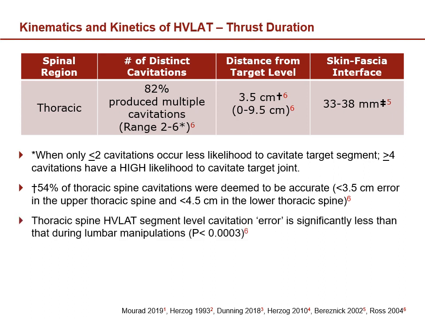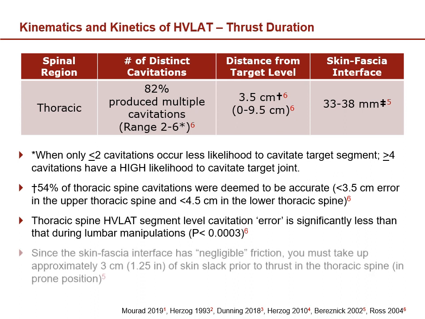Thoracic spine HVLAT segment level cavitation error is significantly less than during lumbar manipulations. And then the skin fascial interface has negligible friction. You must take up approximately 3 centimeters of skin fascial slack prior to the thrust of the thoracic spine, specifically within the prone position, as I mentioned.